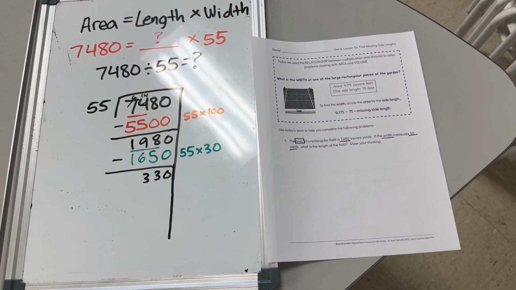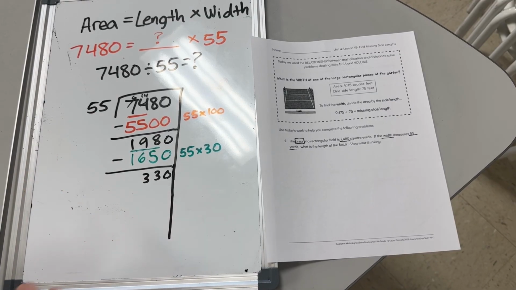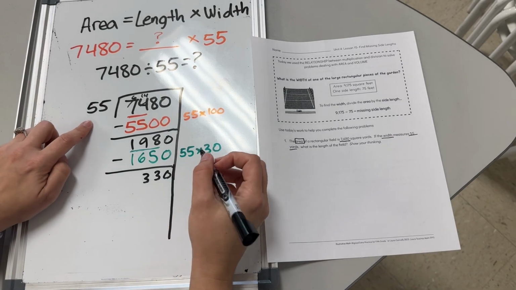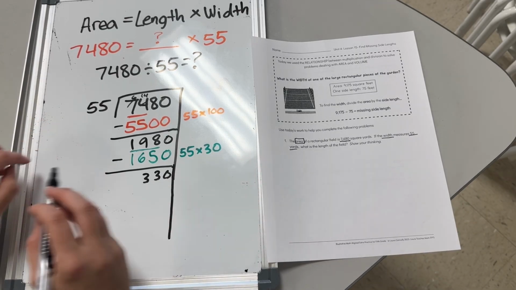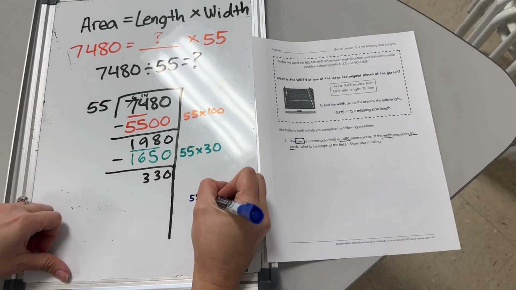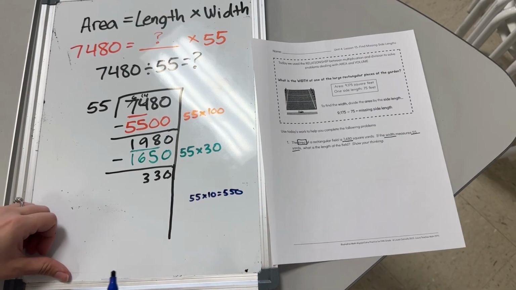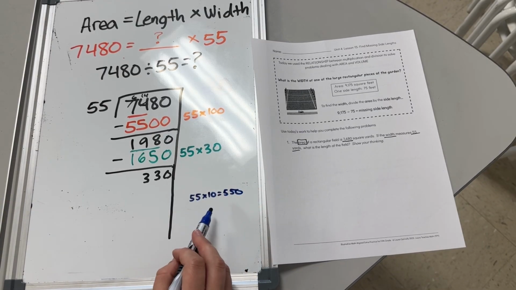Now that I have 330, I'm going to have to figure out how many times 55 goes into 330. So what I'm going to do is I'm just going to start with 55 times 10 off to the side here. So let me go ahead and do 55 times 10. And I know that's 550. That's going to be too much for me.